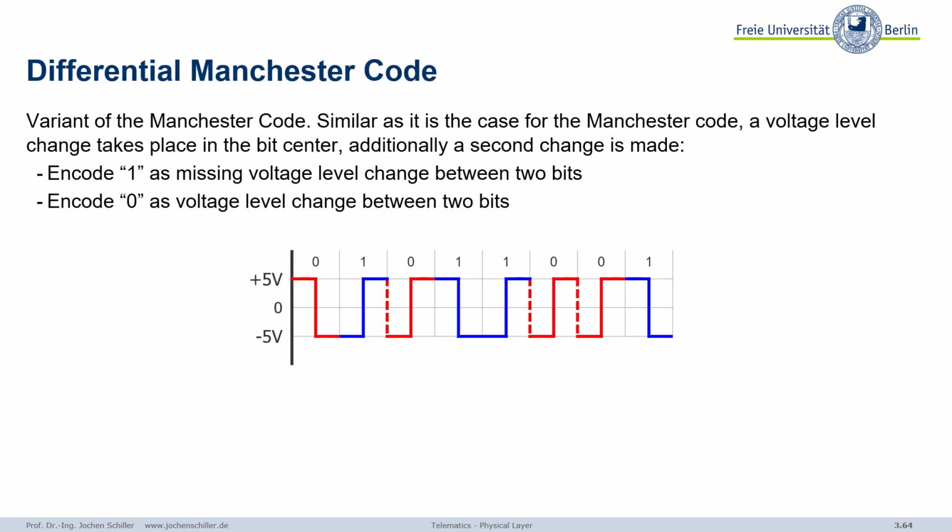There are some versions of this, for example differential Manchester, which is basically a Manchester code. Now you encode a 1 as a missing voltage level change between 2 bits and a 0 as a voltage level change between 2 bits. There are many more versions of this, but in the end we always have the problem that you can create double the frequencies, requiring double the bandwidth.